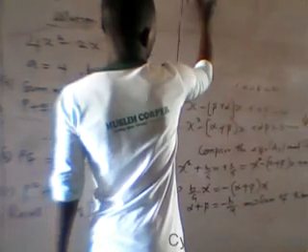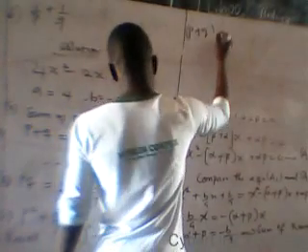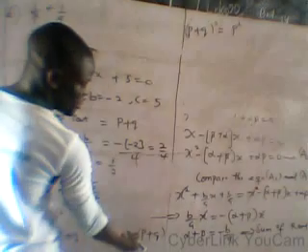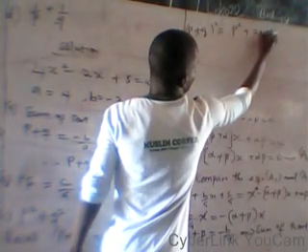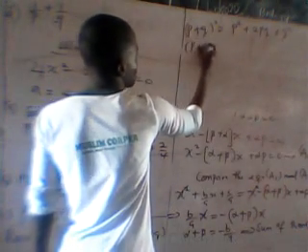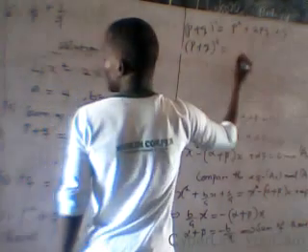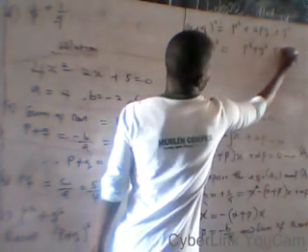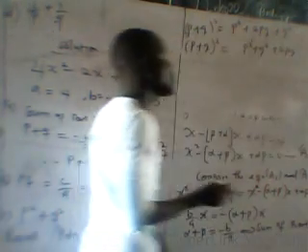Someone can just conclude that P plus Q everything squared equals P squared, then plus, when you expand it, you get 2PQ plus Q squared. From there, it should now be P plus Q everything squared equals P squared plus Q squared, then plus 2PQ. And what are we going to find?